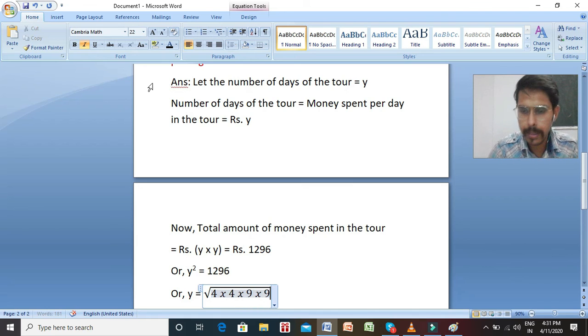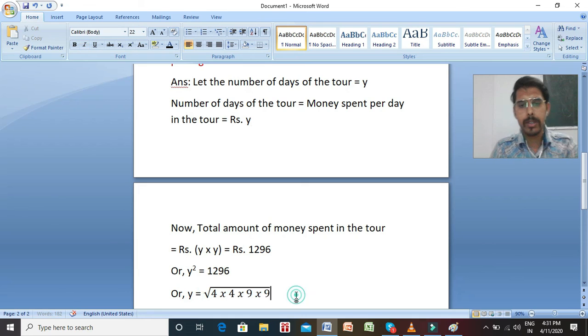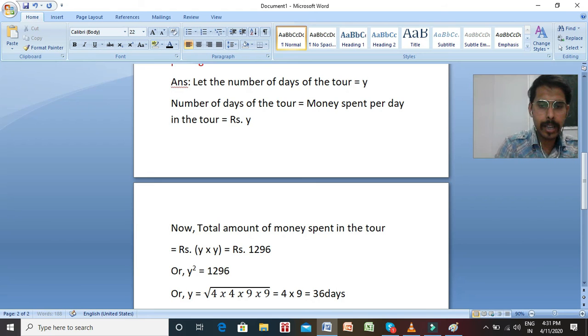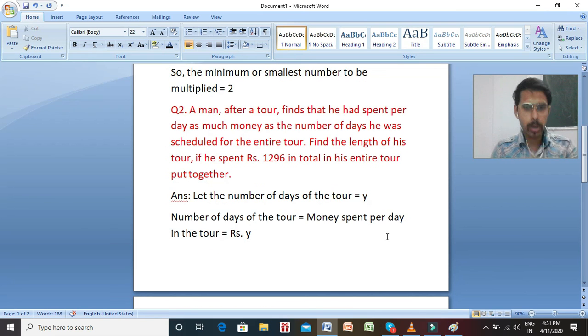So this is the final one, and it is nothing but 4 into 9, which is 36. So that is the final value of y. I'm considering 36 to be the number of days in total, so that is the answer of this particular question. So 36 days is the total number of days that the trip was scheduled for. That is the length of the trip.